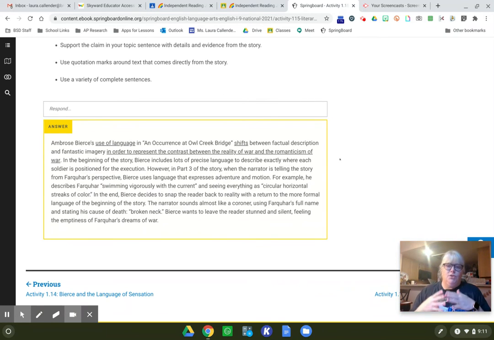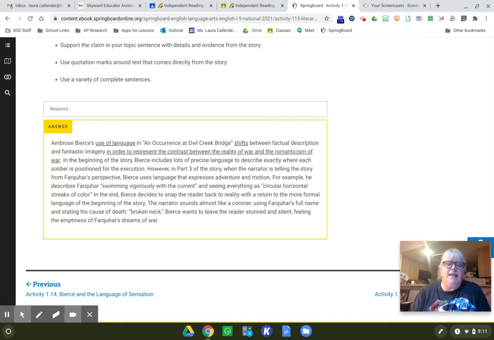So he does this in order to this. So just remember, you're writing a statement that says the story or the author does this in order to create something, make the reader feel something, send a message to the reader, whatever the purpose is. Okay, so I'm going to keep reading here. In the beginning of the story, Bierce includes lots of precise language to describe exactly where each soldier is positioned for the execution. However, in part 3 of the story, when the narrator is telling the story from Farquhar's perspective, Bierce uses language that expresses adventure and motion.